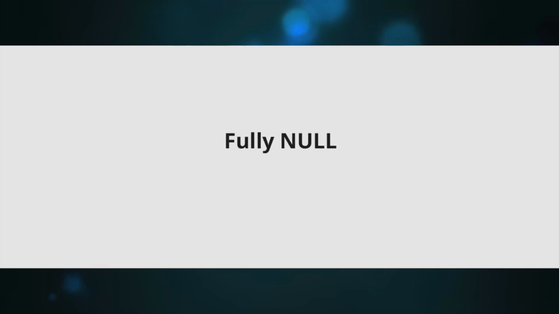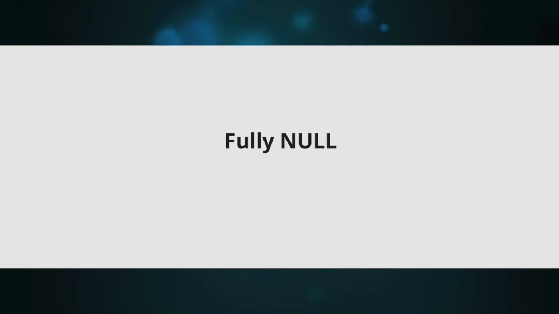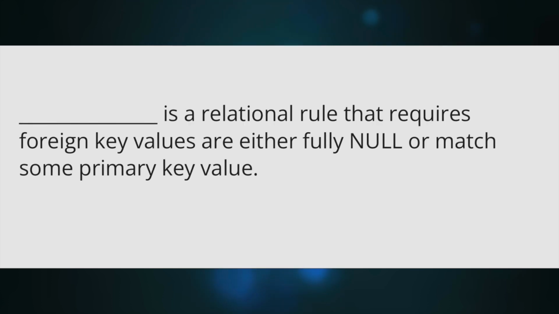A blank, fully null foreign key is a simple or composite foreign key in which all columns are null. So yeah, self-explanatory there. Blank is a relational rule that requires foreign key values are either fully null or match some primary key value.